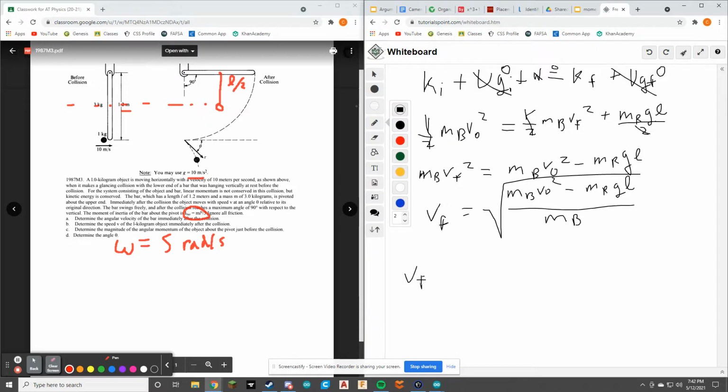If we plug everything in: 1 kilogram, initial velocity 10 meters per second, squared. Mass of the rod 3 kilograms, again g is 10 meters per second squared, and the length is 1.2 meters.